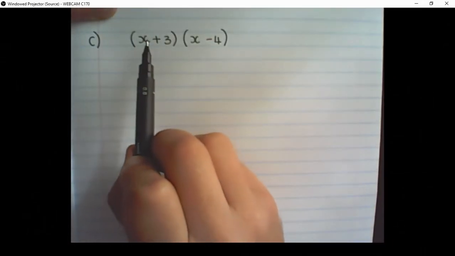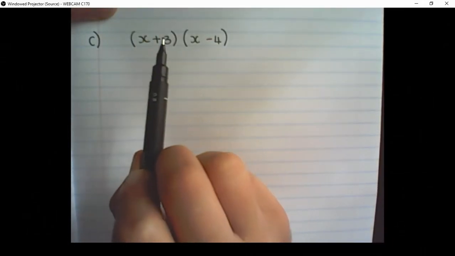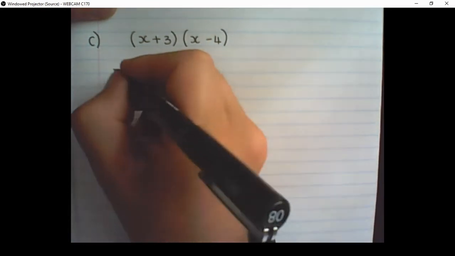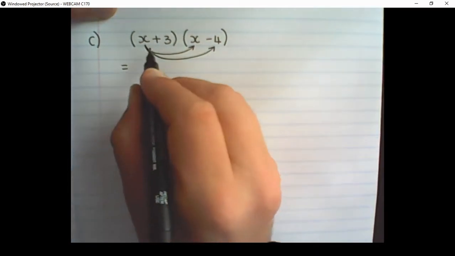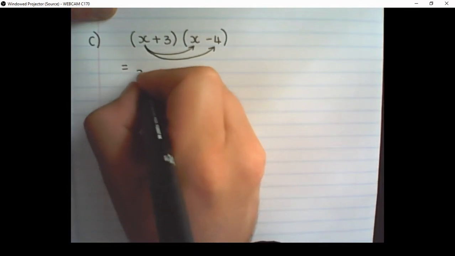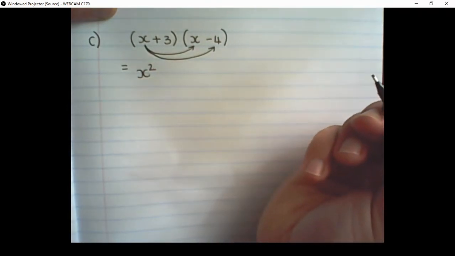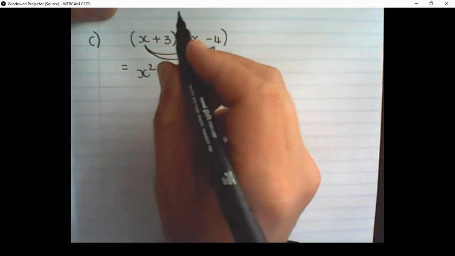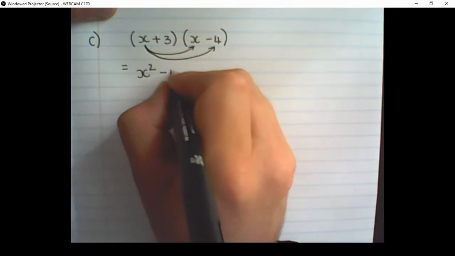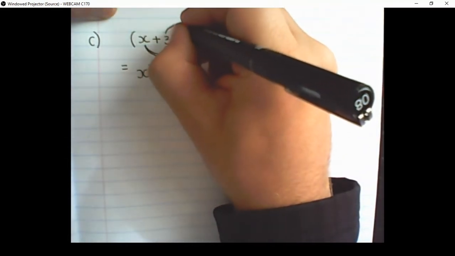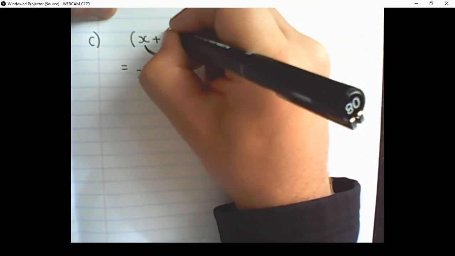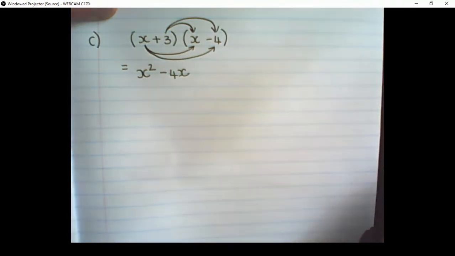Now, let's do that same example again, but let's apply mental maths. So I'm multiplying the x with the x and the x with negative 4. So x times x becomes x squared. And x times negative 4 will be negative 4x. And then 3 times x and 3 times negative 4.